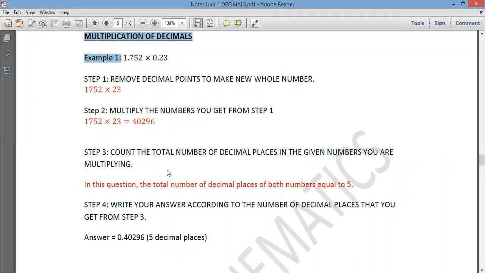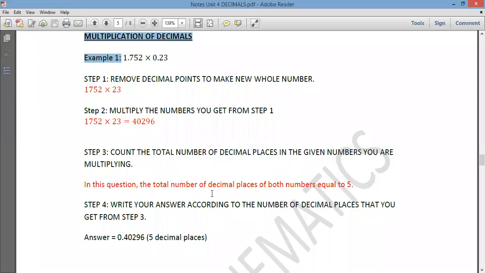And then you have to count the total number of decimal places in the given numbers. So you go back to the question and count the total decimal places that you have. The total will be 1, 2, 3, 4, 5.